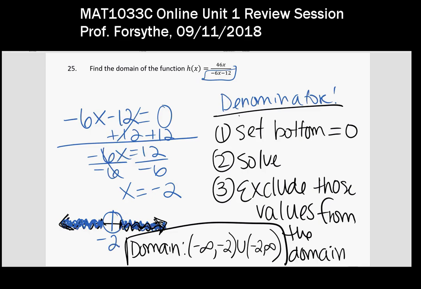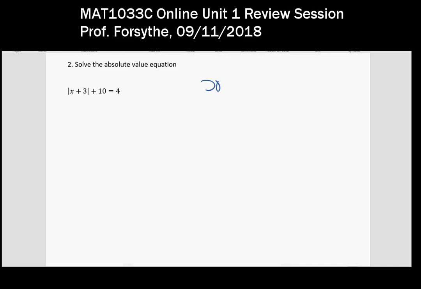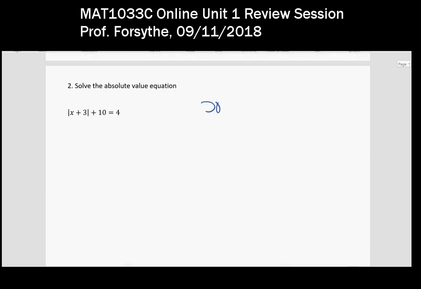Okay. All right, so let me make up another one. Let's see. Where'd that blank page go? Up there? Okay. That's random.